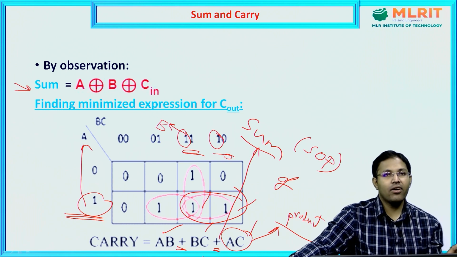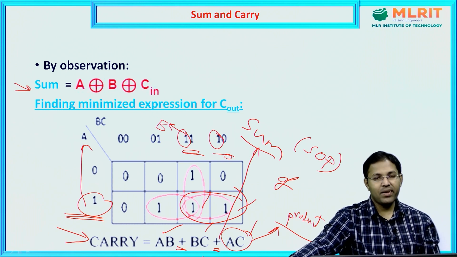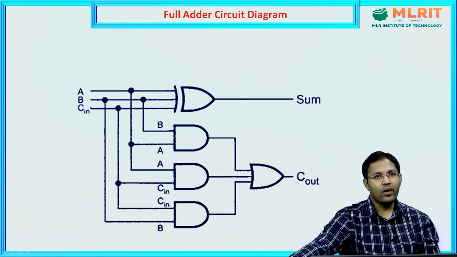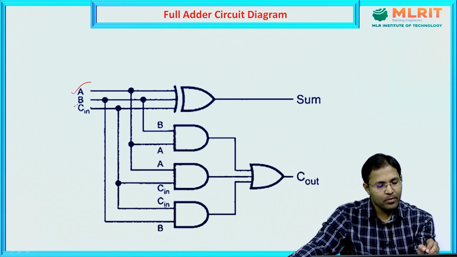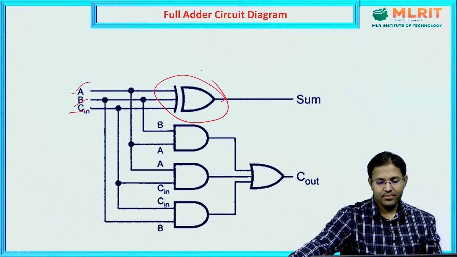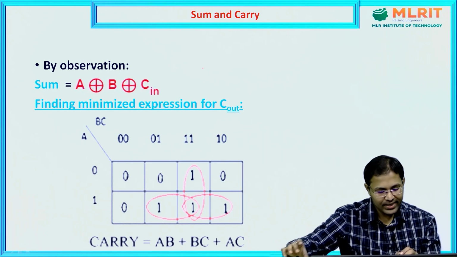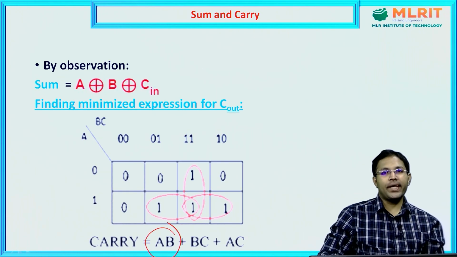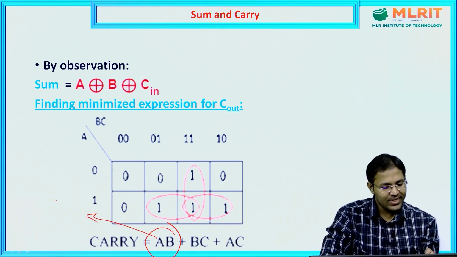Expression of sum we got A XOR B XOR Cn. Carry expression we got AB plus BC plus AC. So sum will be A XOR B XOR Cn. Simply we are taking one 3 input XOR gate. To implement AB, A into B, multiplication is implemented by AND gate.